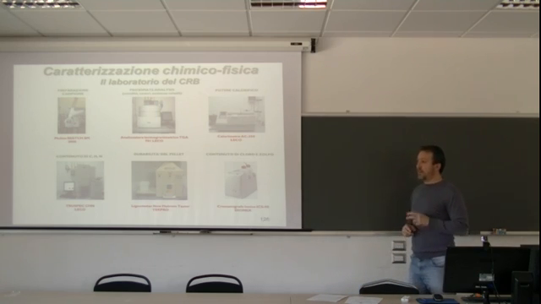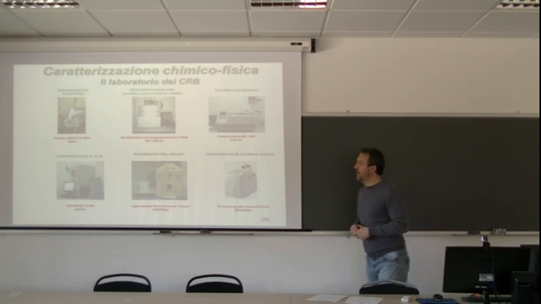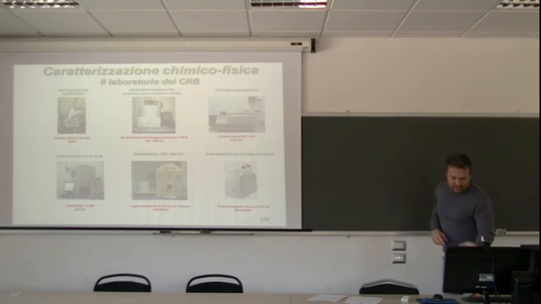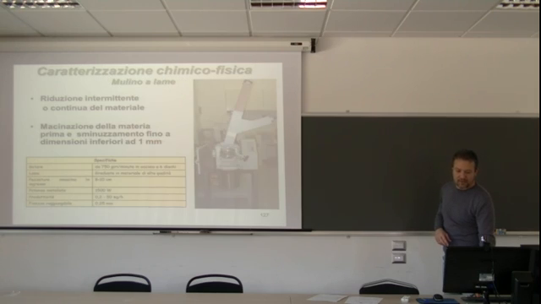We have several chromatographs for the analysis of sugars, or for some alcohols or other substances. So it's not a complete list of instruments, but of course we have the possibility to see them directly in the laboratory.